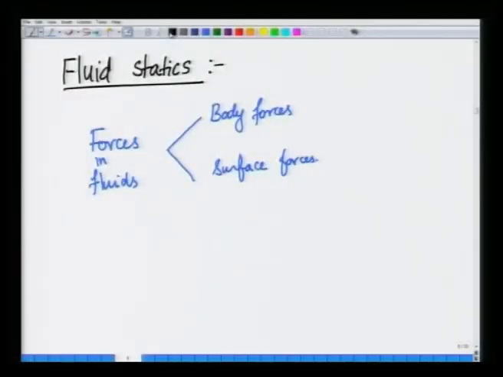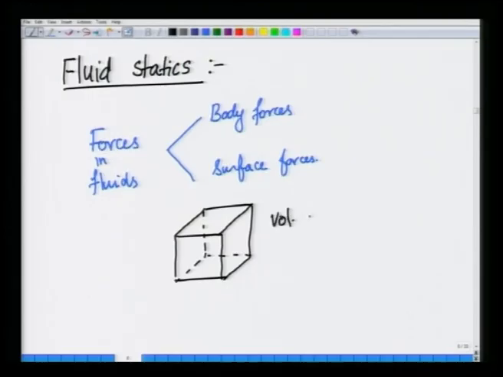So, within the continuum framework, if you consider an element of fluid, for simplicity I take a volume element which is cubic in shape. This is a volume element in a fluid. We can ask the question, why is this volume element in general going to move if the fluid is not under static conditions?